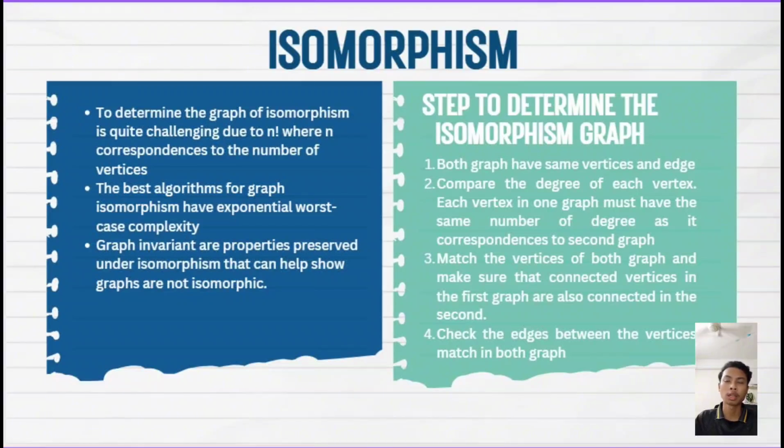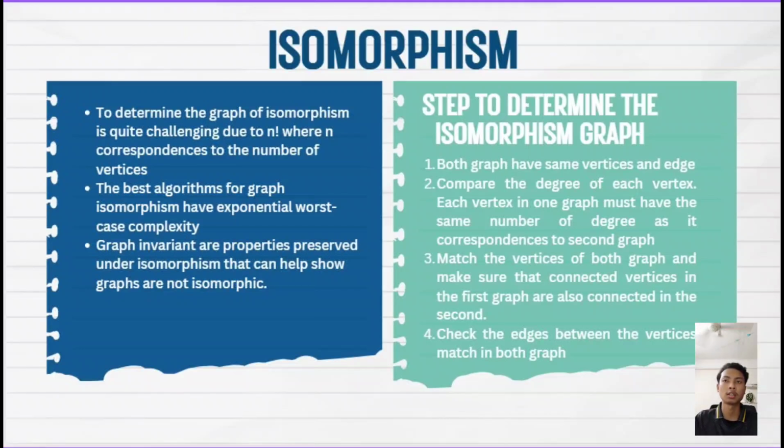There are steps to determine if the graphs are isomorphic. Step 1: both graphs have the same number of vertices and edges. Second, compare the degree of each vertex. Each vertex in one graph must have the same degree as its corresponding vertex in the second graph.